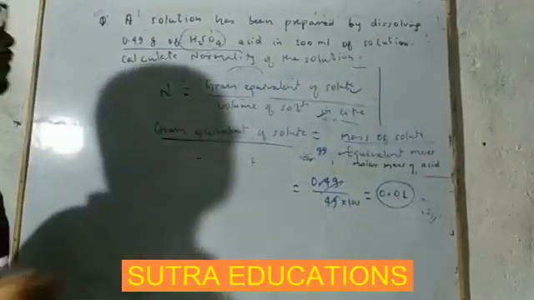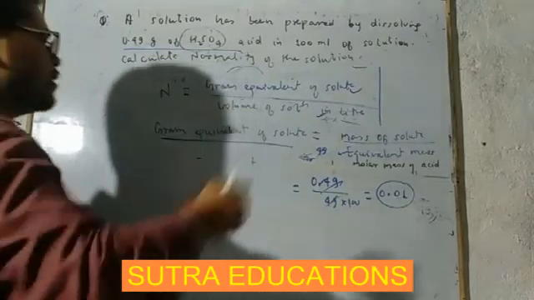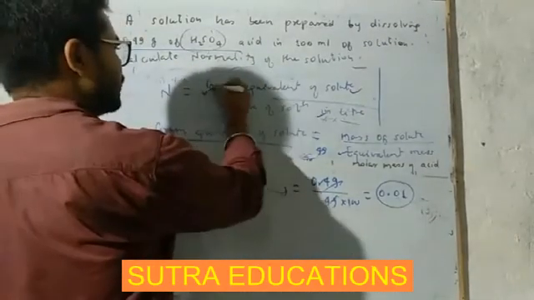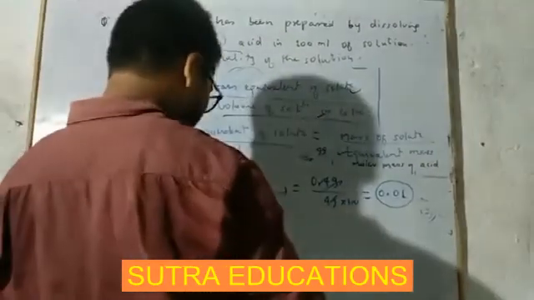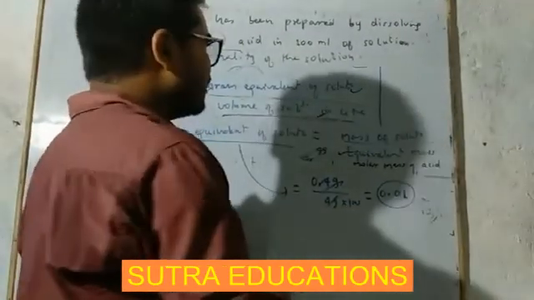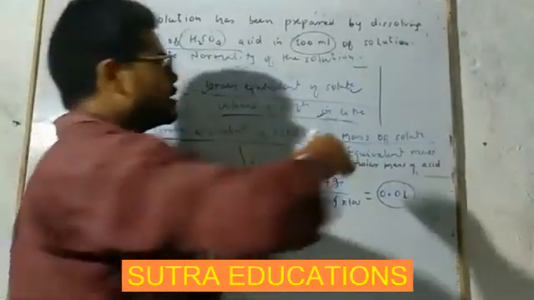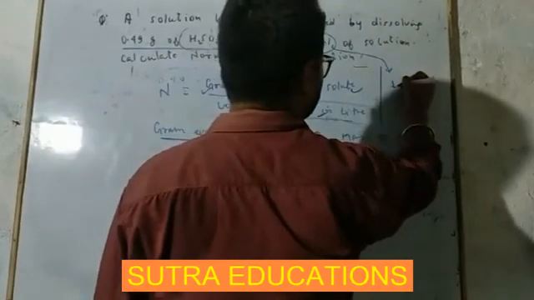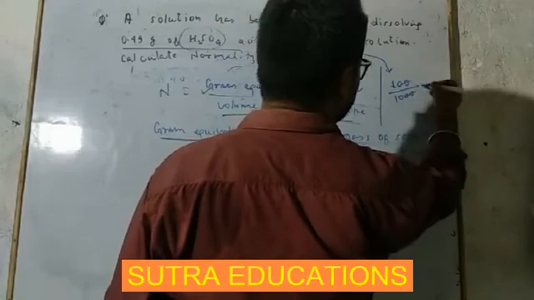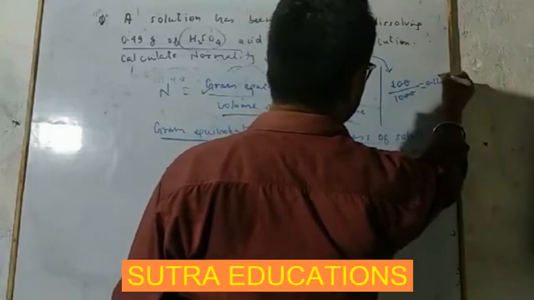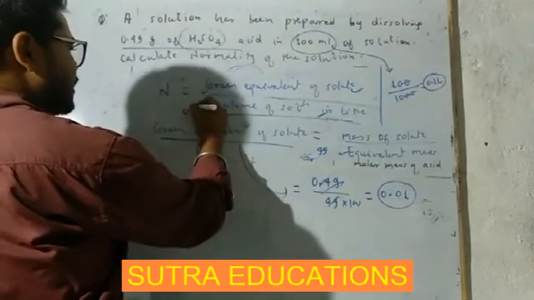Now we have calculated the gram equivalent of solute, which is 0.01. Next, the volume of solution in liter. The volume of solution is given as 100 ml, so we have to convert this into liter. It will be 100 upon 1000, which is 0.1 liter.